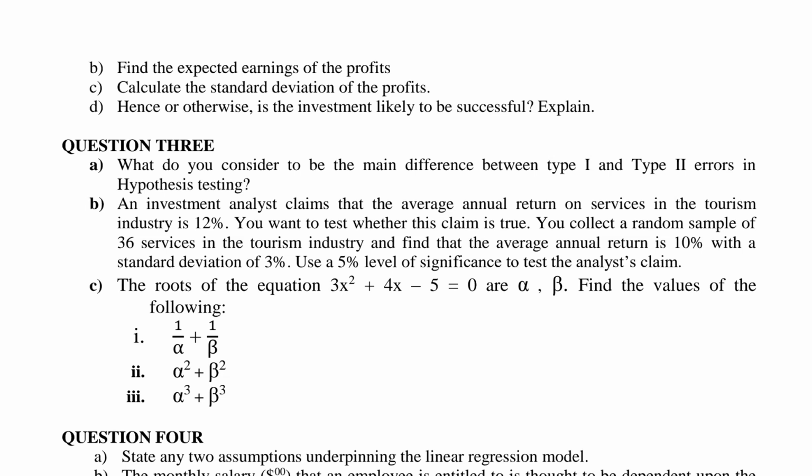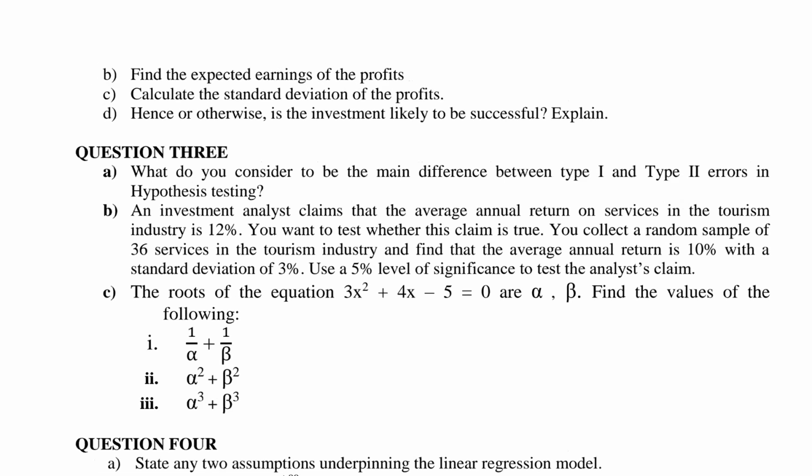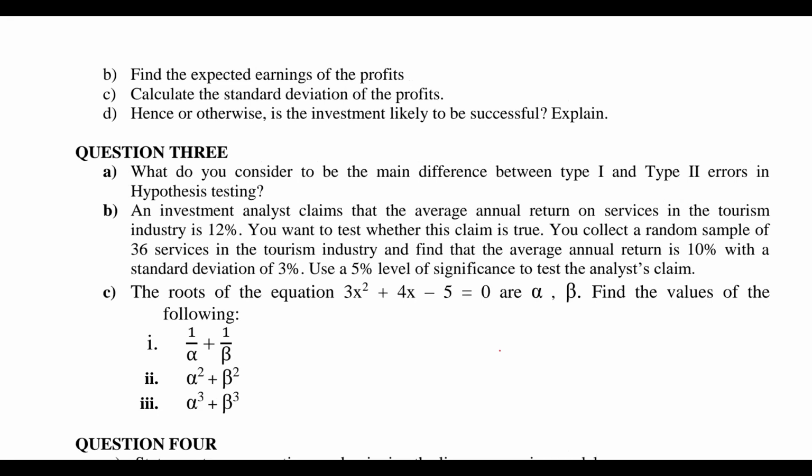How do you test this hypothesis? How do you test the claim? So basically there are main methods that you can use. The first one is the p-value method, or the common one is the z-value that you are used to. Let's use the z-value since you are now conversant with it.